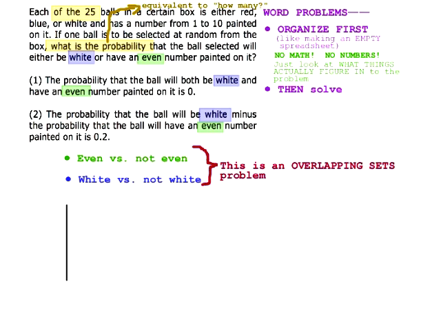All right. Overlapping sets grid. Let's make one. In fact, how many grids should I make? How many physical grids should I draw?